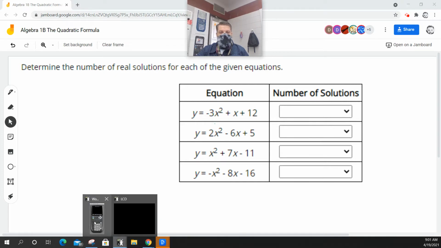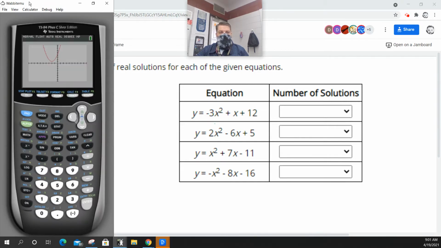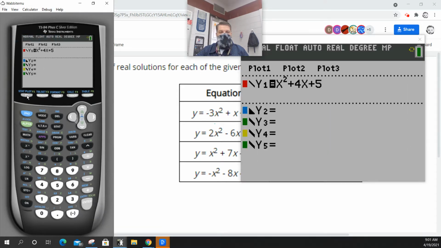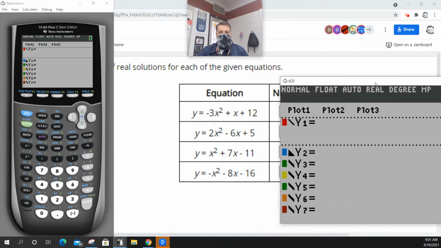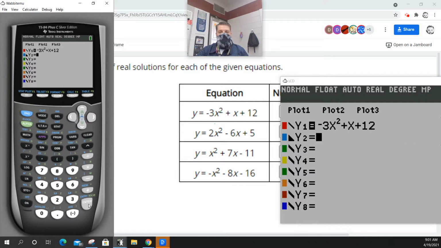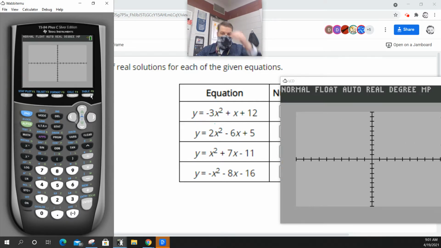Turn on your calculators, go to y equals. I'll pull up my little screen here, and let's plug this in. So the first one is negative 3x squared plus x plus 12 equals, and I'm just going to graph that one.